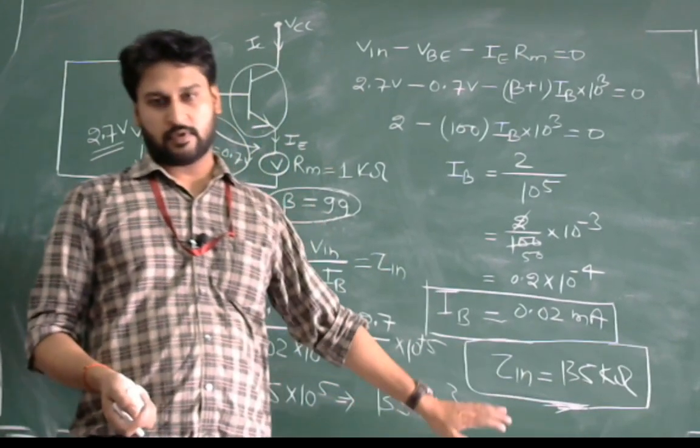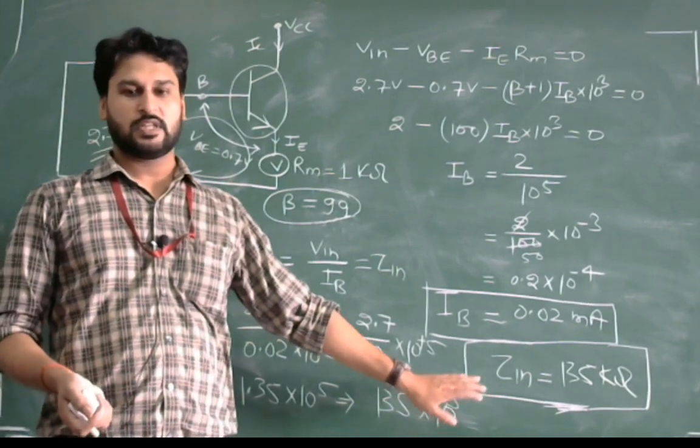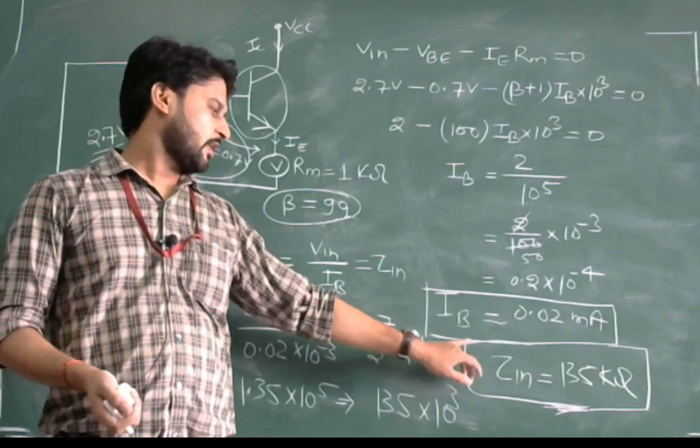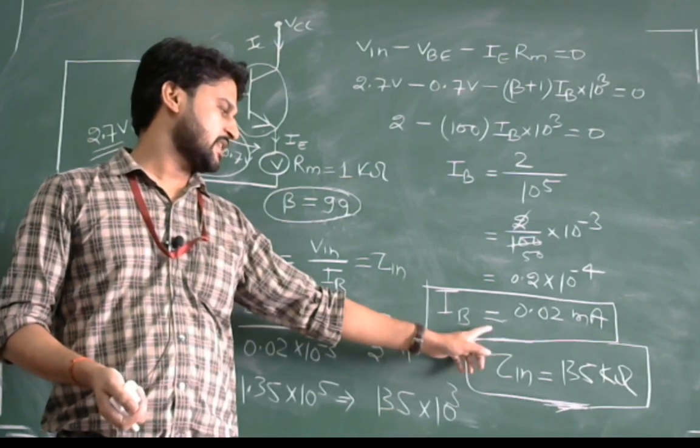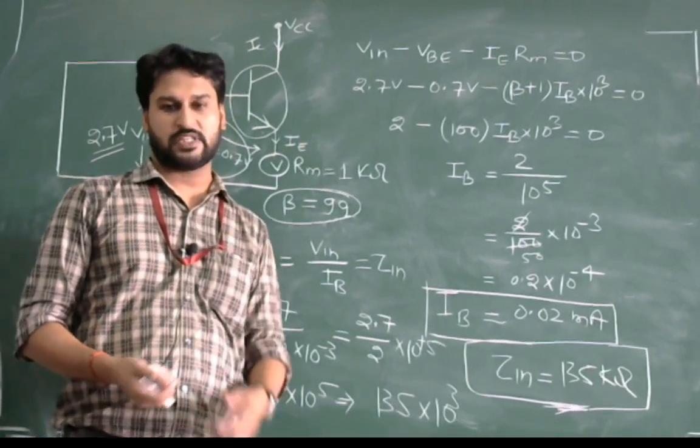So we can see that we have solved these two problems of power dissipation and low impedance of the voltmeter.